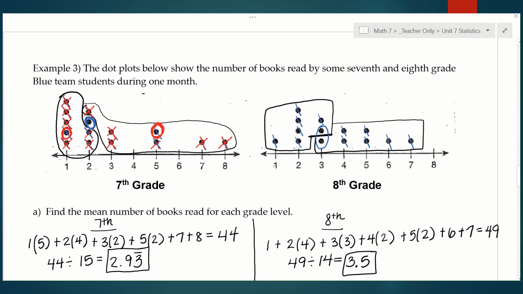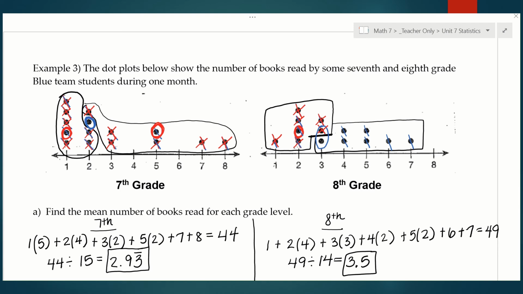So it honestly doesn't matter if you start with the first quartile or the third. This one I'll start with the first. So this one, that one. Okay, so I'm getting 2 as a first quartile.